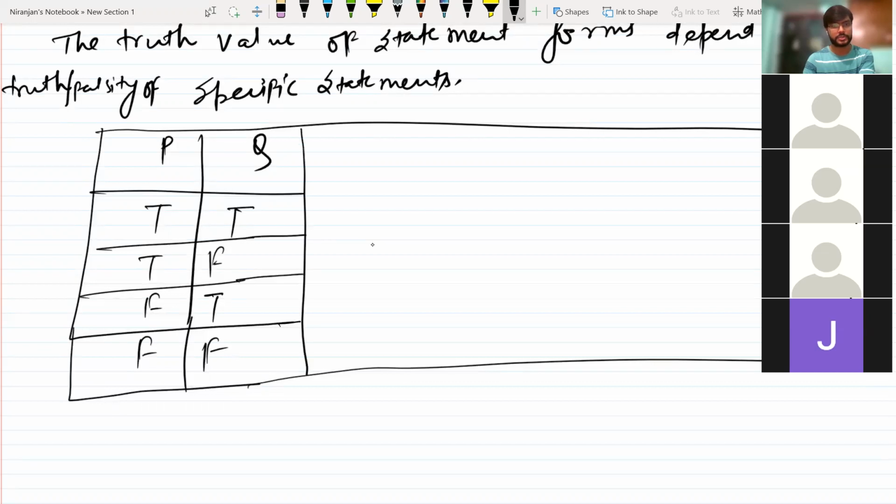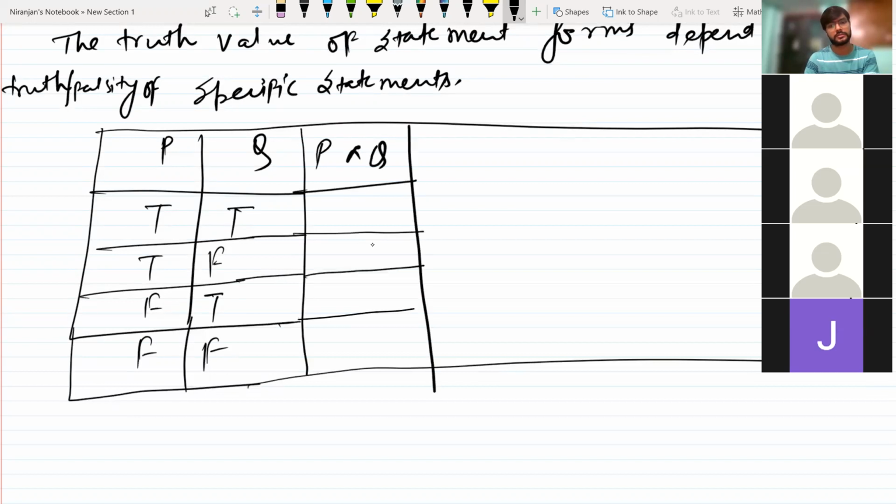So make sure you write together with me, P and Q. I talked about conjunction. What does conjunction represent, guys? And or? What do you think? What does this represent, P and Q?